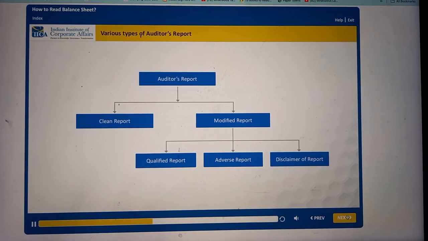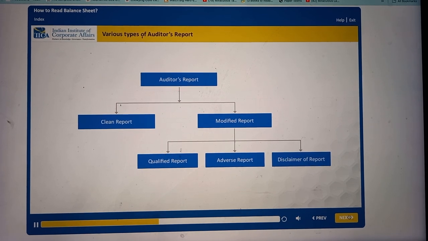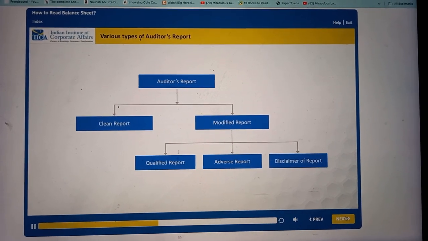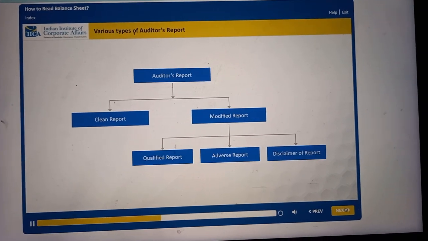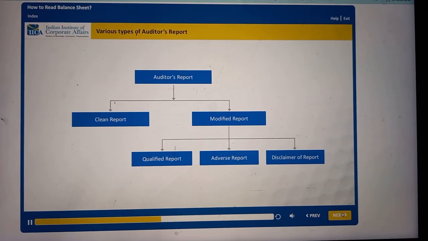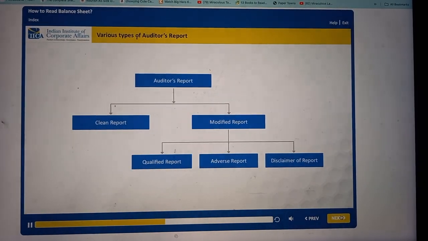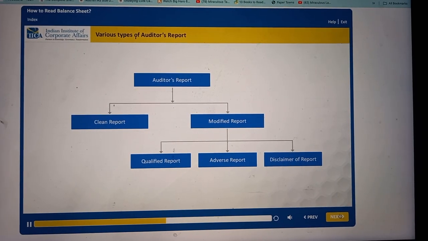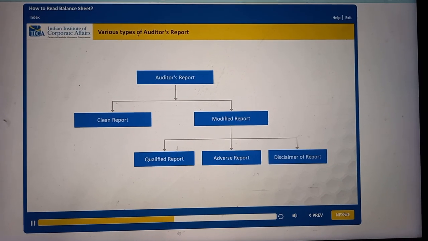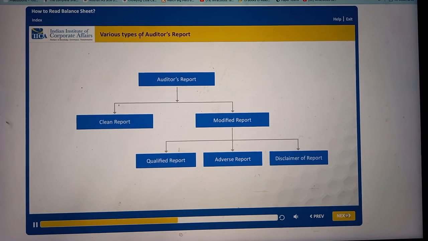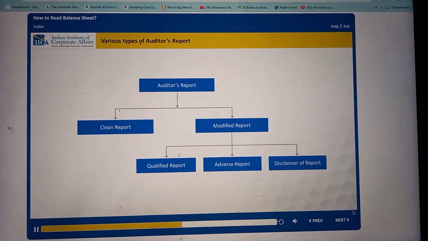Let me take you to the case of an adverse opinion. Adverse opinion means that if the auditor during the course of audit comes across an issue where certain disclosure has not been properly made, he may issue an adverse opinion. Adverse opinion may be with respect to certain accounting transactions, certain adjustments made by the company, or certain issues which have come to his knowledge during the course of the audit, and all those issues are required to be disclosed by the auditor in the auditor's report under the head adverse report or adverse opinion.